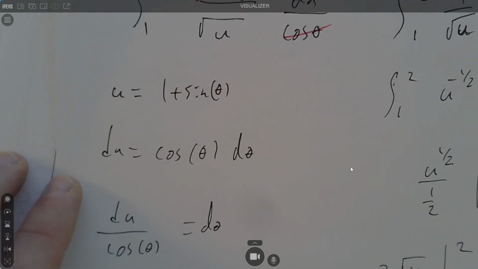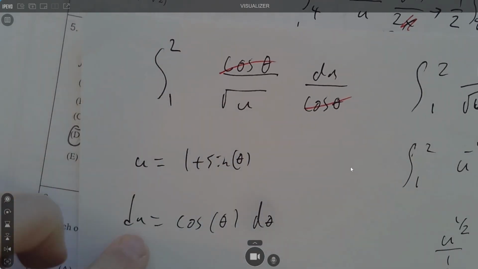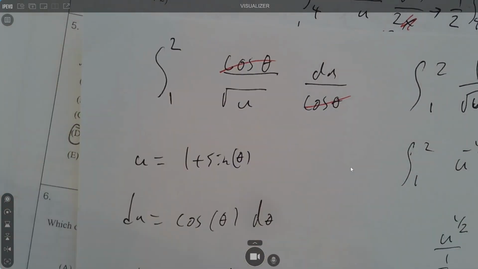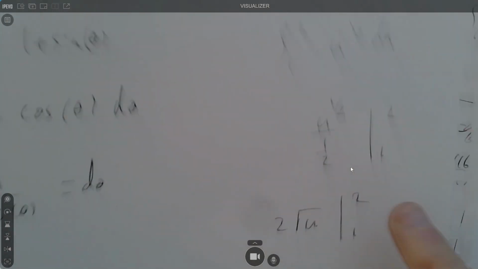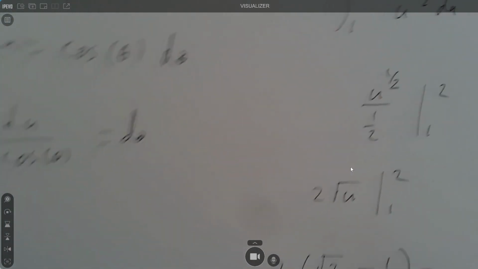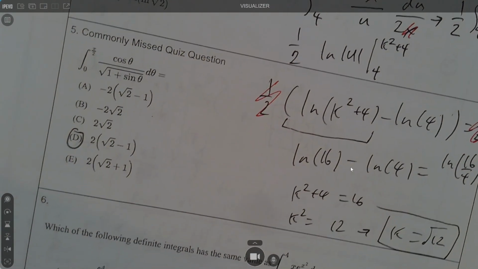Take the du, you get du over cosine theta equals d theta. Plug the bounds into u, cancel out the cosines, get 1 over root u, convert that exponent, add 1, divide, to get 2 root u, 1 to 2, and you plug it in. Okay, commonly missed question, that was D.